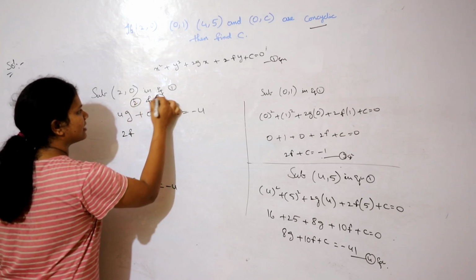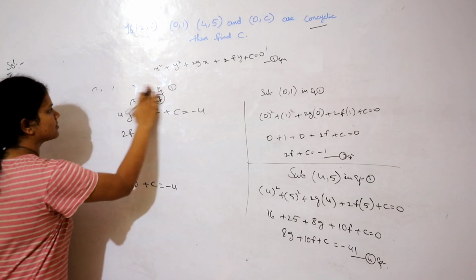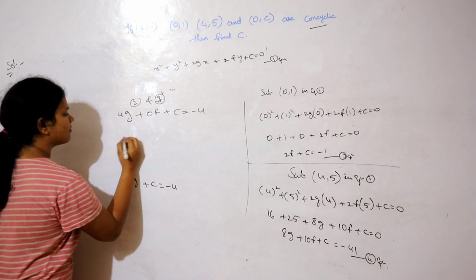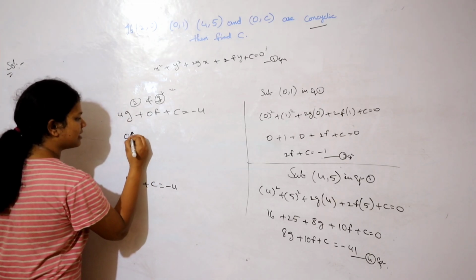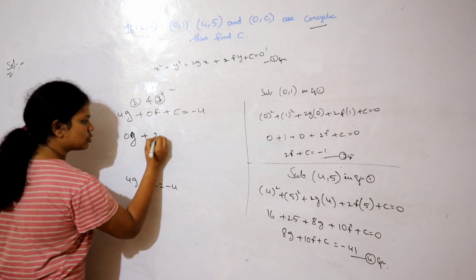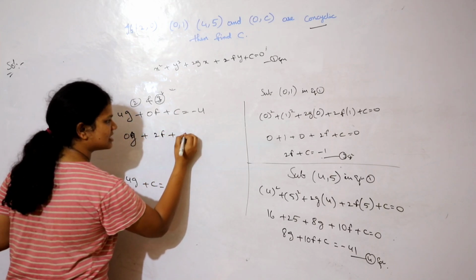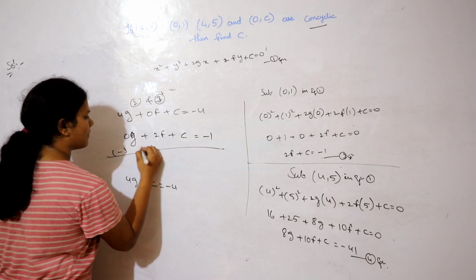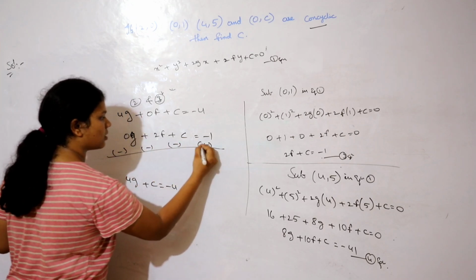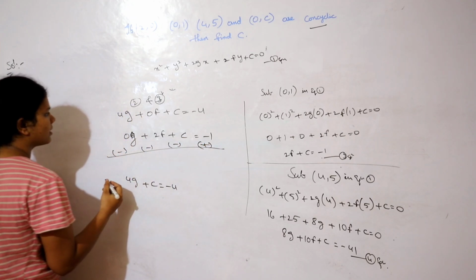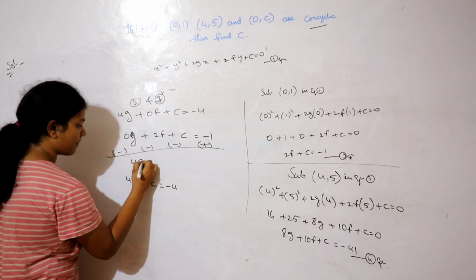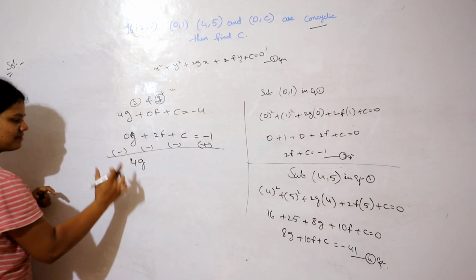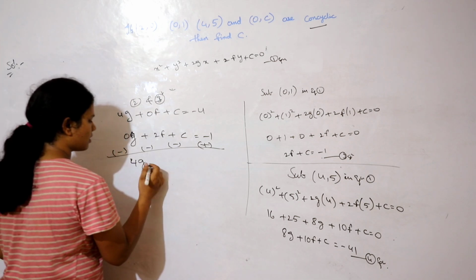Now, 0g plus 2f plus c equals minus 1. Now minus over here, minus sign conversions. Now what happens over here? It's 4g minus 0g, so plus 4g because there's only a zero value, right? And what else?